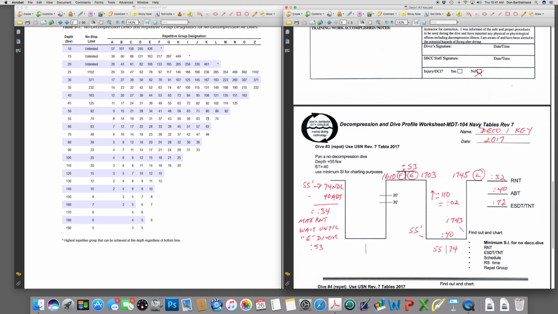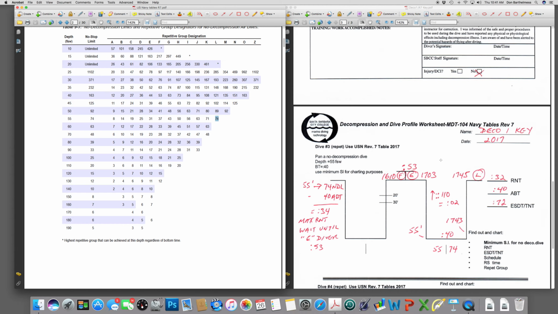No. The rules are, if it doesn't fit, you're going to round it up. Okay, so 72, I'm going to use 74 to pick my decompression schedule. That is the information I must write over here for my schedule. 55 for 74 to show what we use to pick that new repetitive group designation of L.